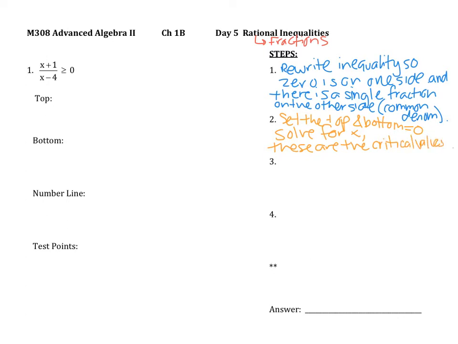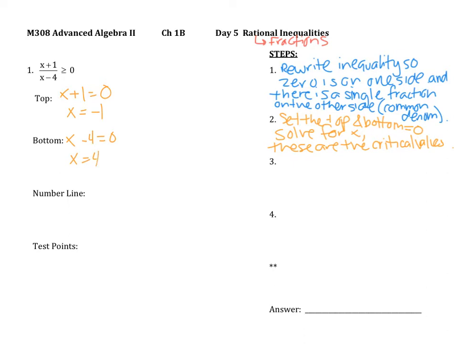So if I'm following along with this first example over here, we already have it set equal to 0, so we're good, and we only have one fraction on the left. So I'm ready to set the top equal to 0, and I get x equals -1, and the bottom equal to 0, and I get x equals 4.